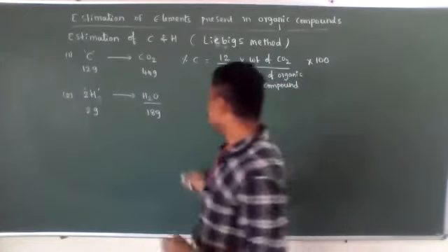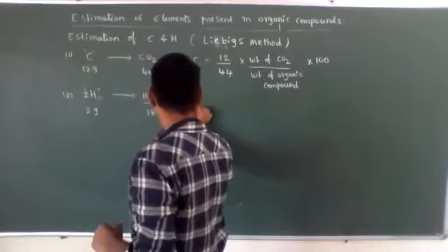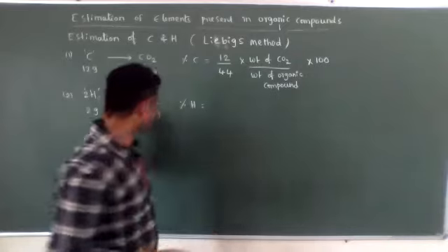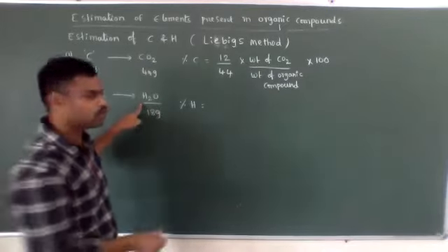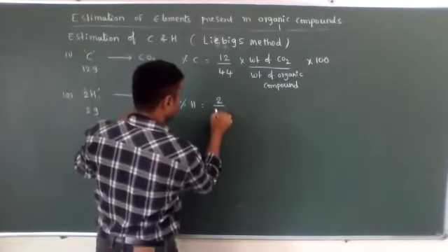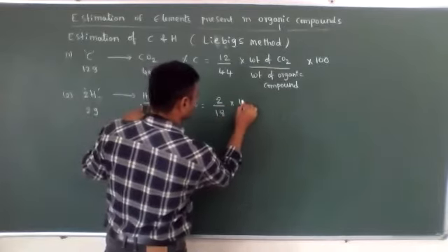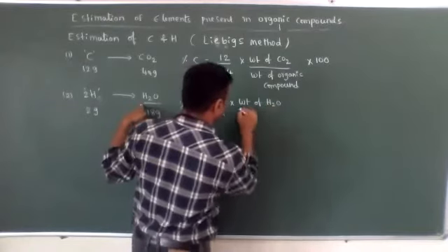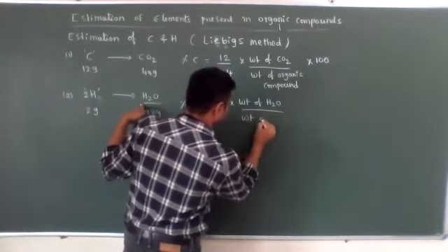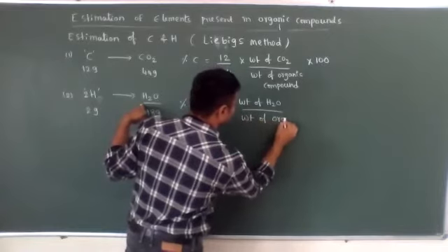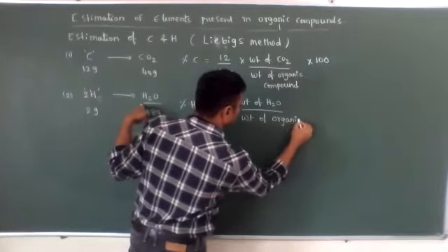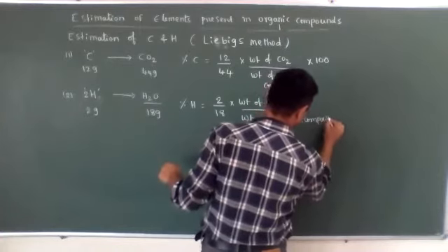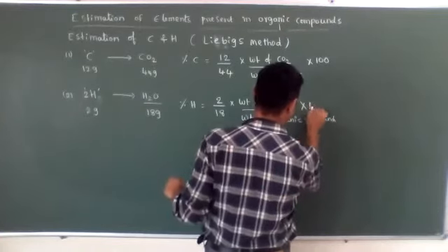So in that, percentage of hydrogen is equal to, in H2O, how much hydrogen is present? 2 grams. 2 by 18 into weight of water molecule by weight of organic compound into 100.